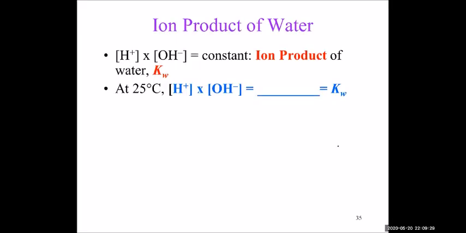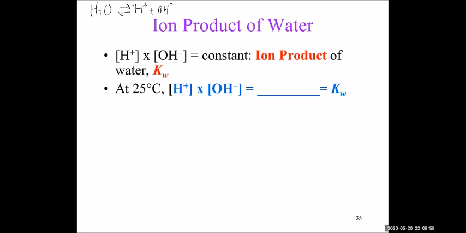And so water becoming ions is reversible, and this is a chemical equilibrium. The water forming these 2 ions is a reversible process. And if it is a reversible process, then there's a forward reaction, which is dissociation, and there's also a backward reaction, which is combination.